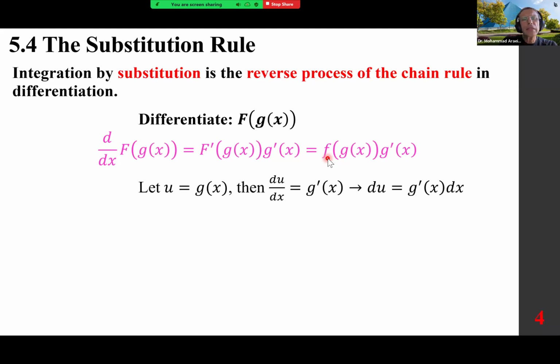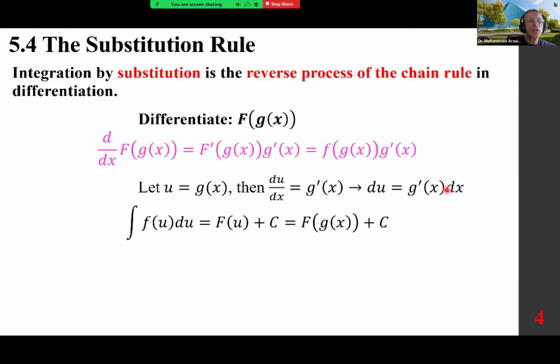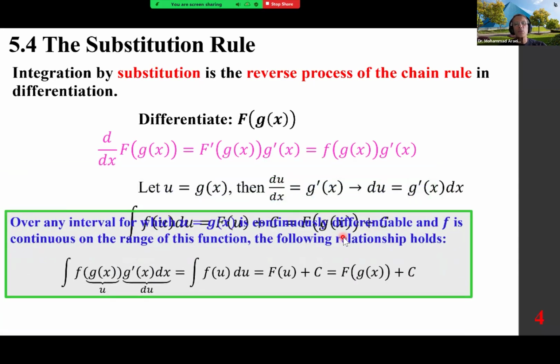Now, if we let g of x be represented by u, then du dx, the derivative of that, is g prime of x, and du is g prime of x dx. So the integral of f of u du is capital F of u plus c, or capital F of g of x plus c, and here's the synopsis of what we just did.